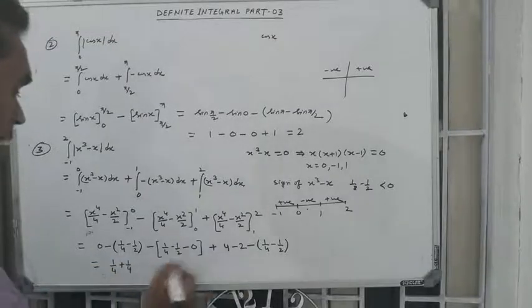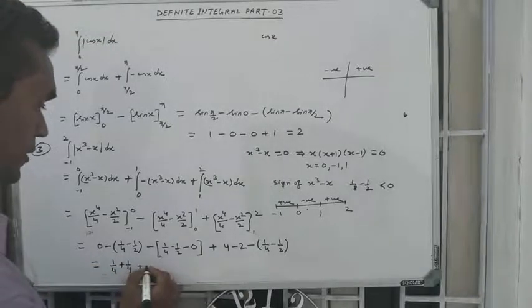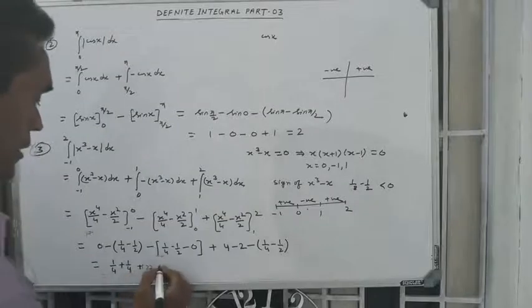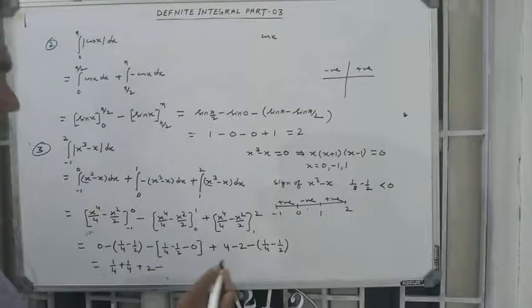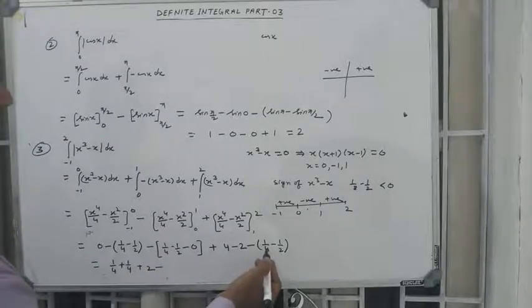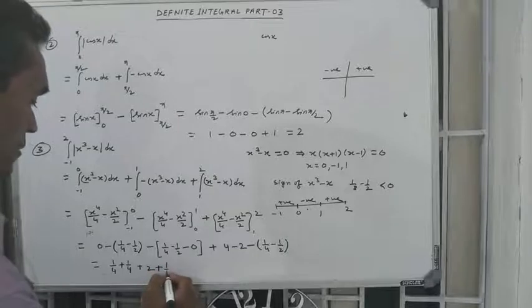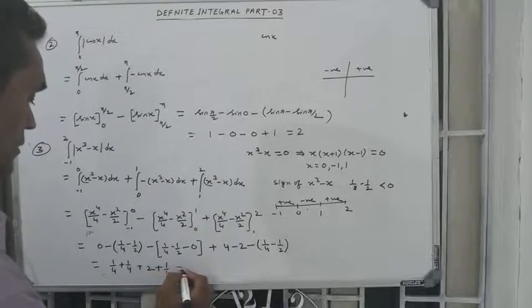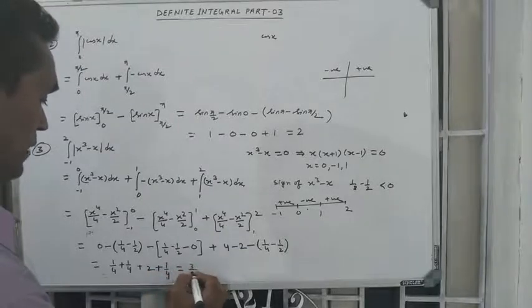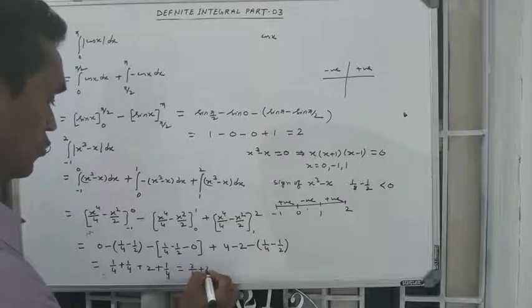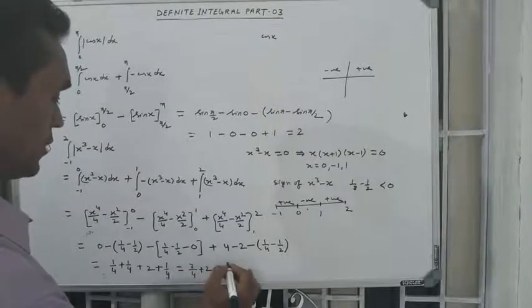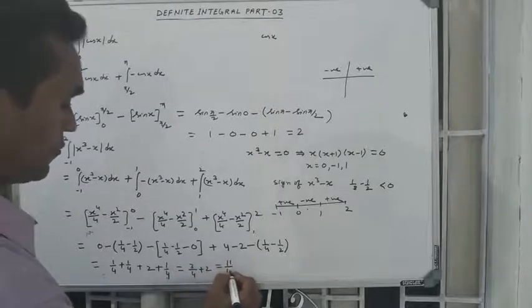And this will be 2, and minus here minus 1 by 4, minus 1 by 4 and plus 1 by 4, so 1 by 4. So this is equal to 3 by 4 plus 2, which is equal to 11 by 4.